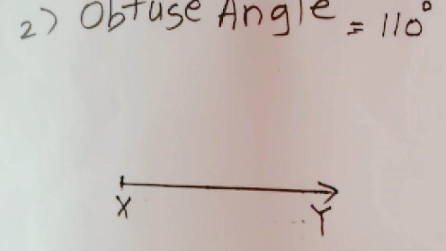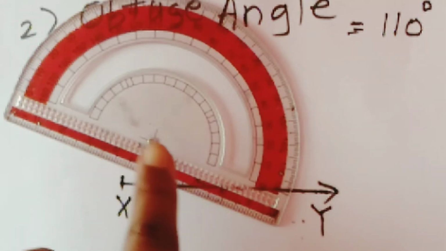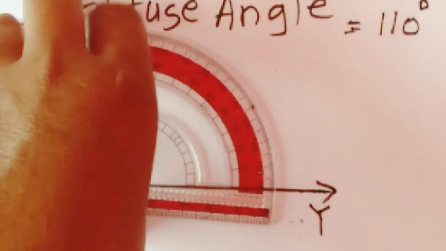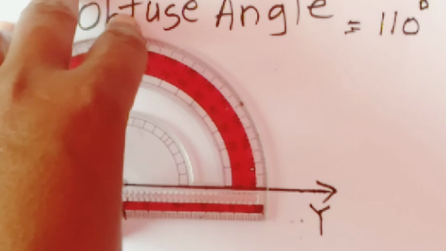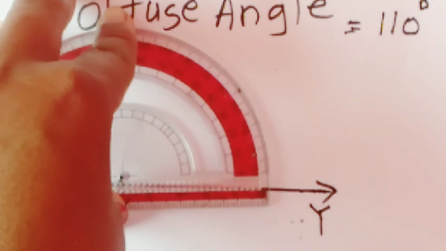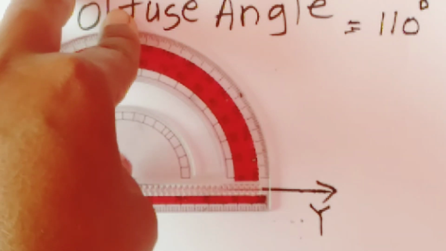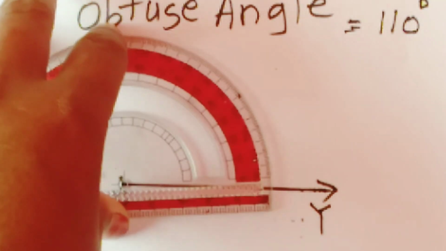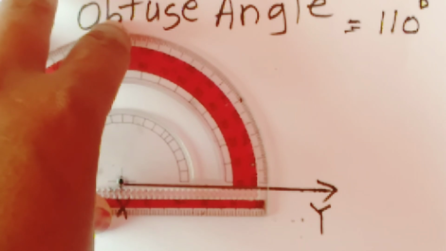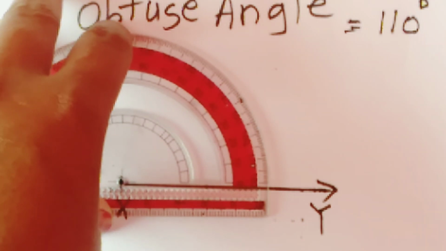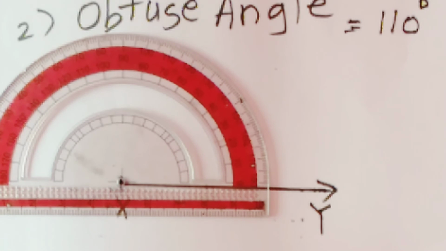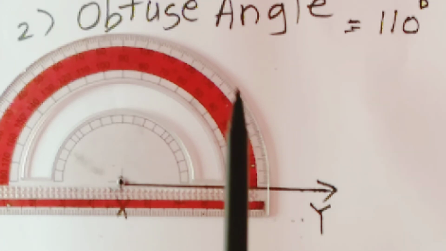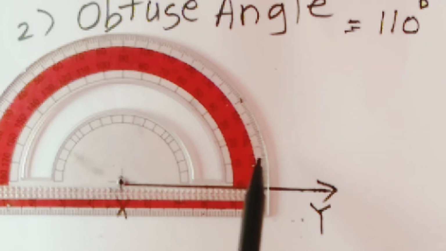Okay students. So for that, again take your protractor, then place the middle portion of your protractor on point X, then place your protractor such that this line and this line coincide with each other. Like this, place your protractor and then measure from the inner scale, not the outer scale.